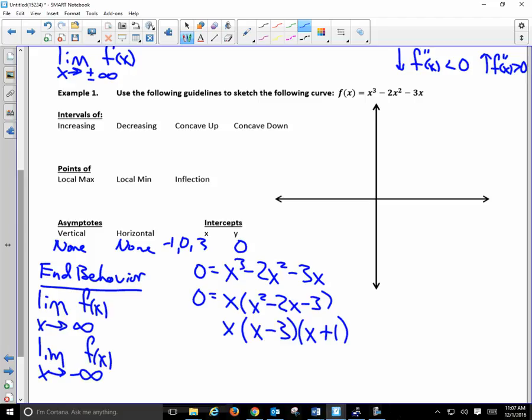This is a cubic. So does it end up or end down? It's positive. Ends up. So it'll begin down. It's going to look something like that. I mean, we all know enough mathematics to say it looks something like that, right? So as x goes towards positive infinity, y goes towards positive infinity.